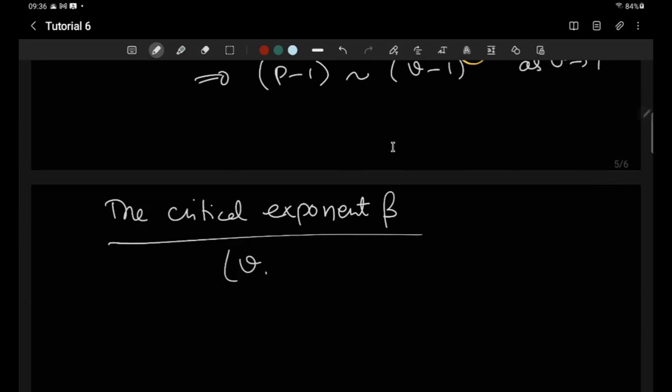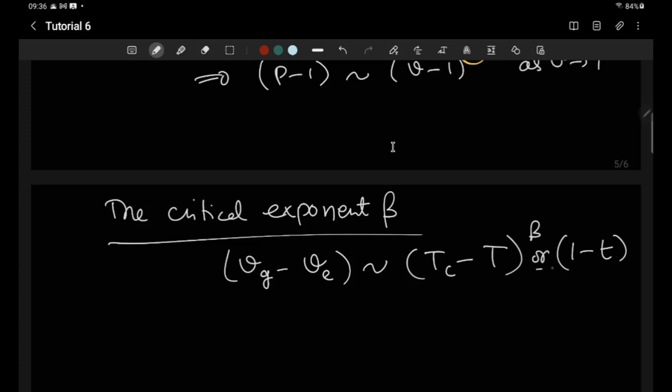Vg minus Vl. So there are two phases. This goes like (Tc minus T) to the power beta, or this is (1 minus little t) to the power beta. So we need to show that beta is something.